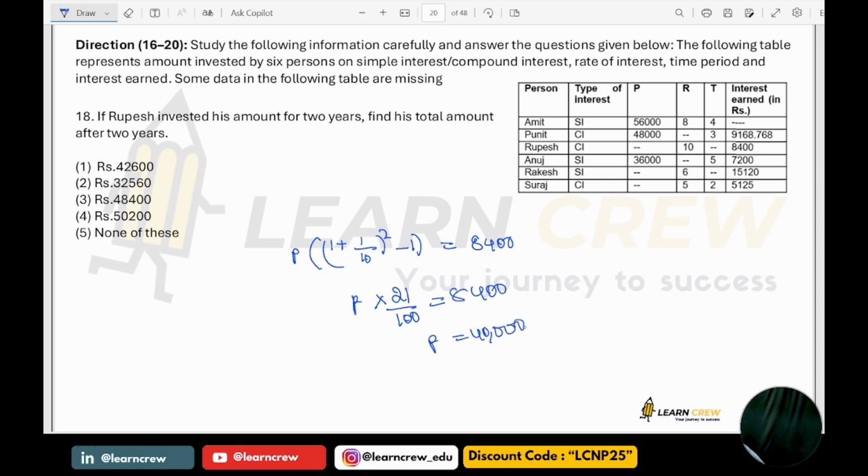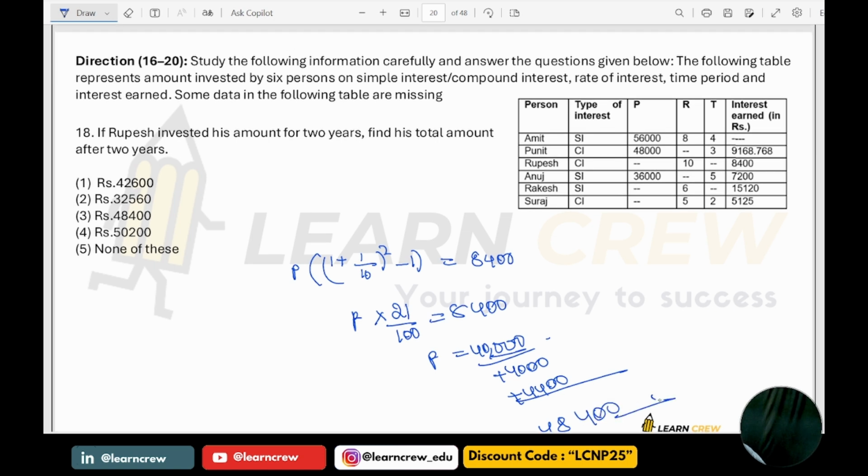So the principal amount is 40,000. The question is to find the total amount after 2 years. 10% is the rate. So the first year 4,000 interest, the second year 4,400 interest, thereby the total amount after 2 years would be 48,400.